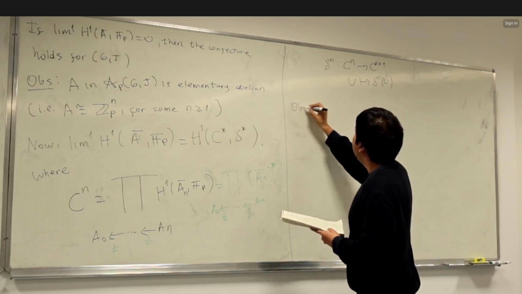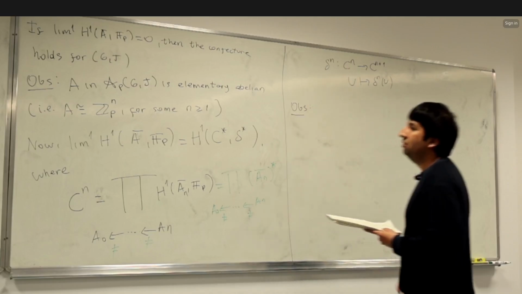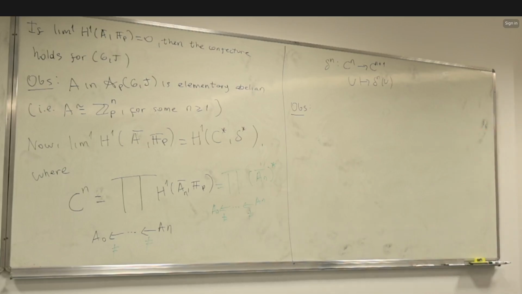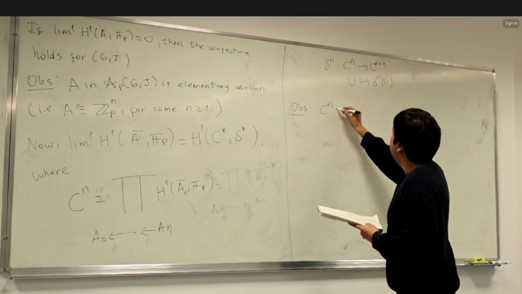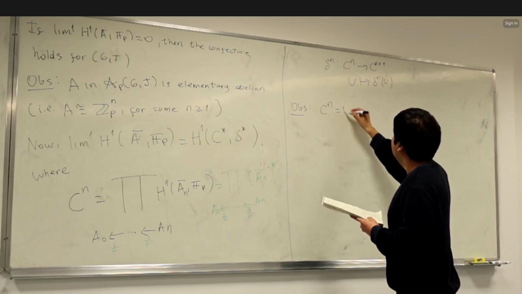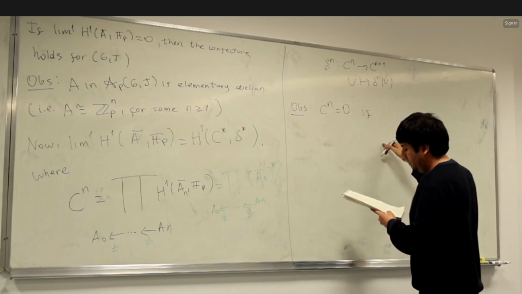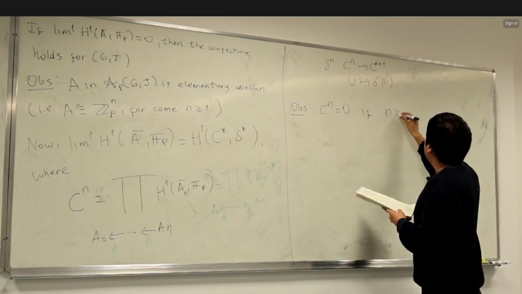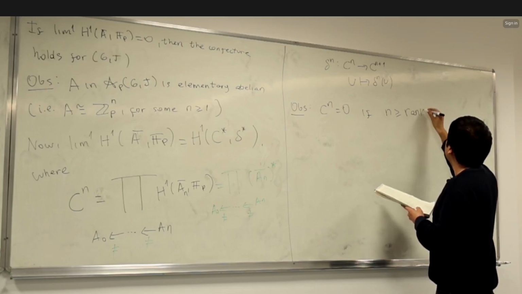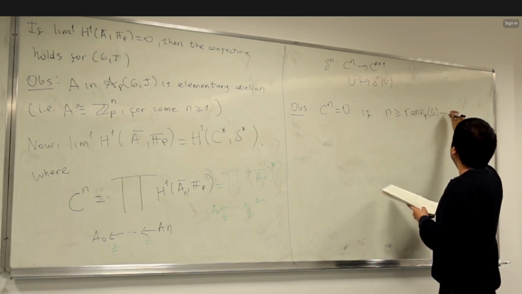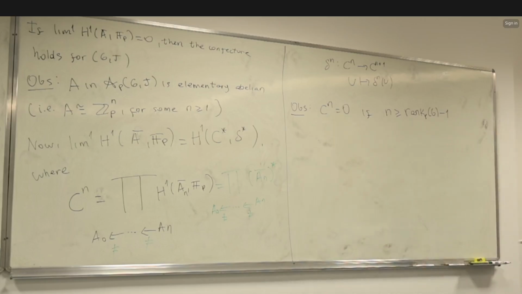A small observation. I won't define the differentials because of the time, but this is immediate from this situation. If n is greater or equal than the p-rank of G minus 1, then the cochain model is trivial.